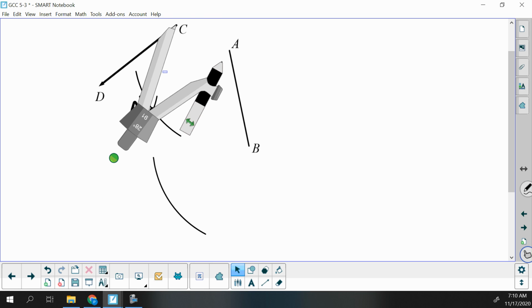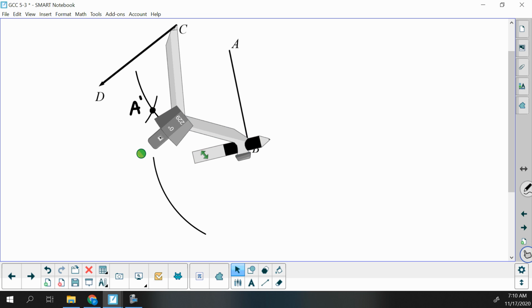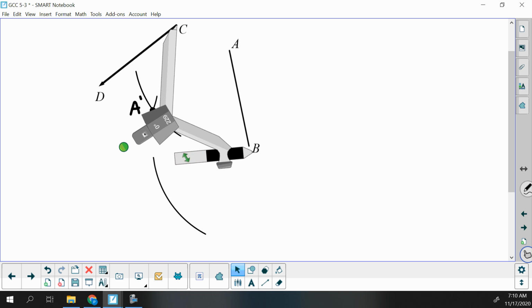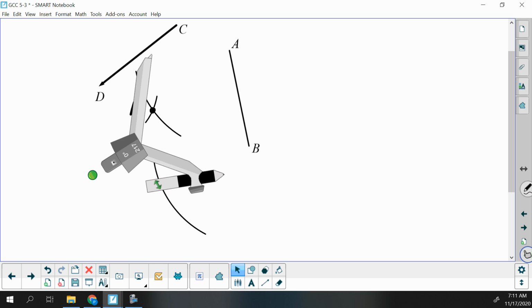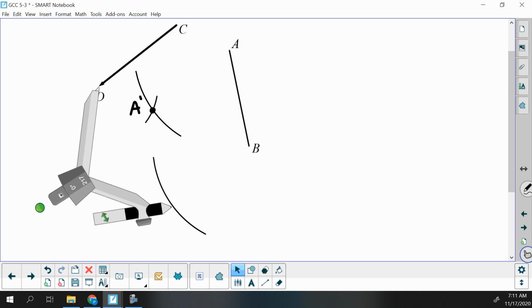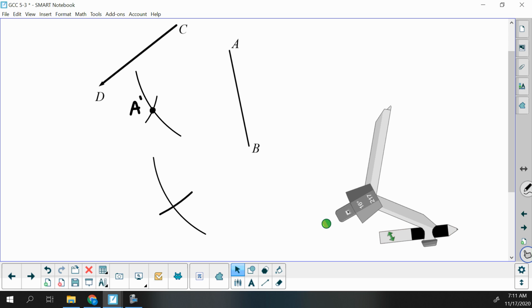Then we put our point on C again, and this time we're going to put our pencil on B. Now we'll move the point over to D, and we'll make our arc, and that gives us where B prime is.